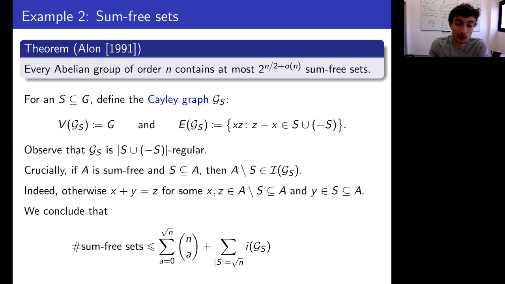And therefore, we can use the result from the previous slide. So G_S is a graph with n vertices, and the number of independent sets in any regular graph with n vertices is at most roughly 2 to the power n over 2. And this is how we recover the theorem of Alon. And in fact, the question about the number of independent sets in regular graphs was motivated by this question of counting sum-free sets in abelian groups.